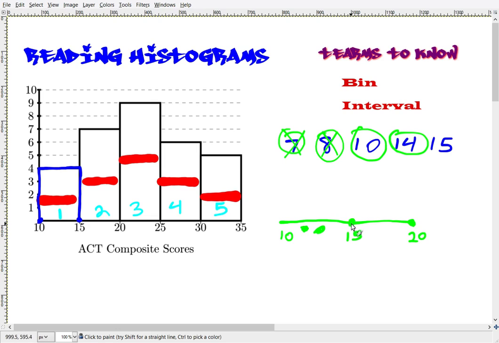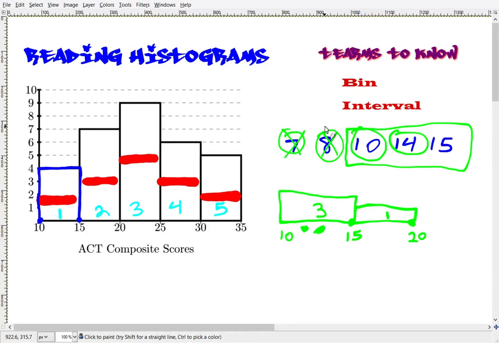Well, if we counted 15 inside of both bins, then we would get one bar that said we had 3 scores, and then another bar that would say we had 1 score, which means that there were 4 scores counted in the histogram. But if you look up here, there are only 3 scores that we actually dropped into any bin.